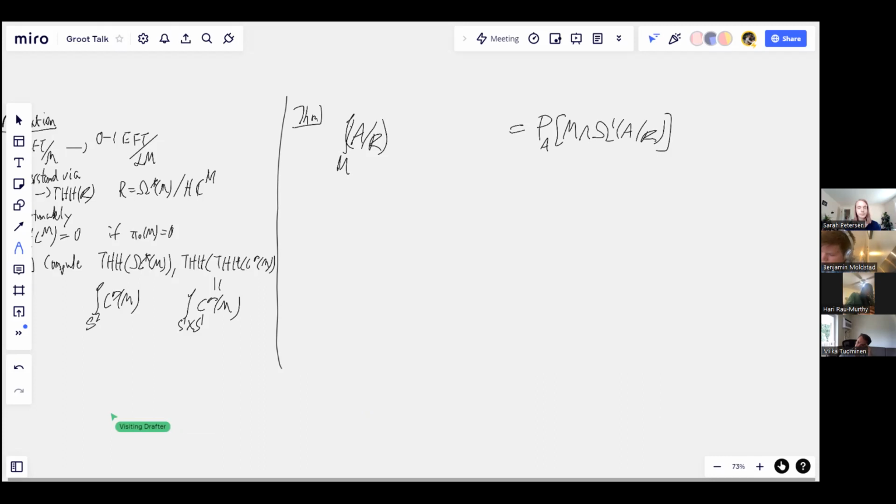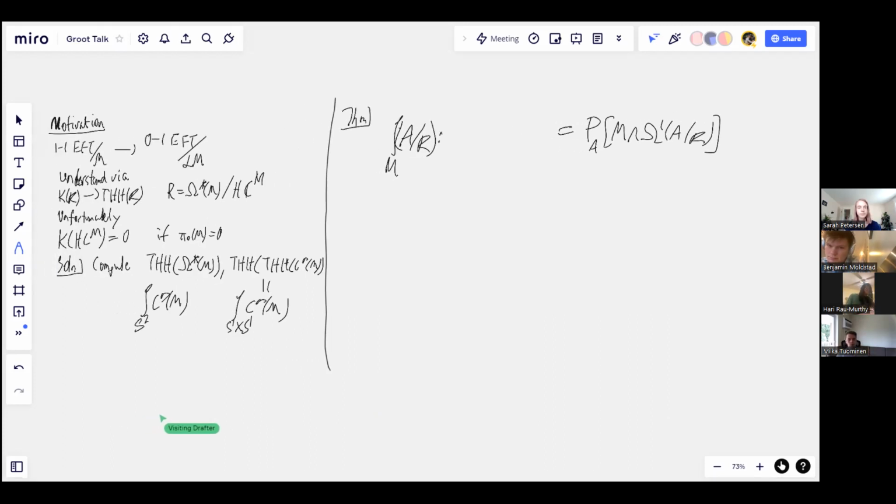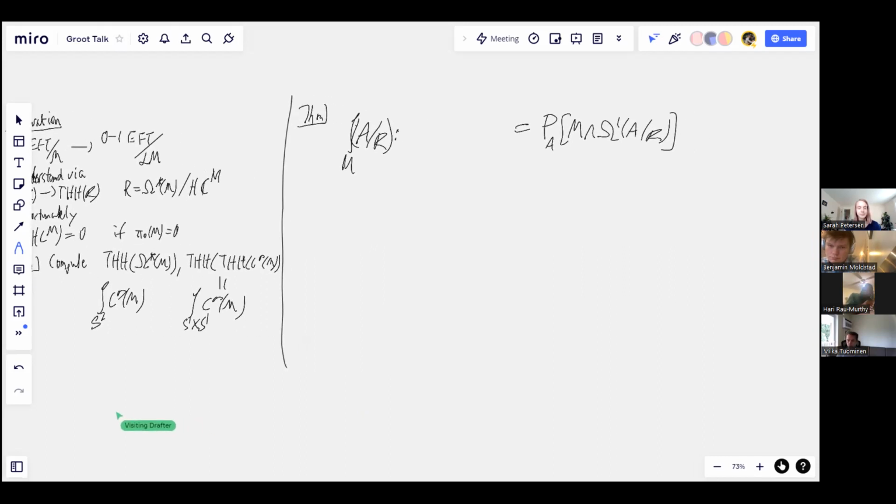Now, I'm not sure if you know what factorization homology is. I'm going to define everything I've said so far. I'm not sure if you know what THH is. I mentioned that. And so let me just tell you what this factorization homology and THH is. So this by definition is the tensor product of the algebra A with the space M. Here, M is a manifold, which I want to be connected for this theorem to hold.